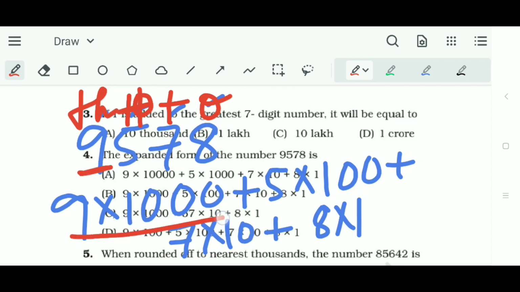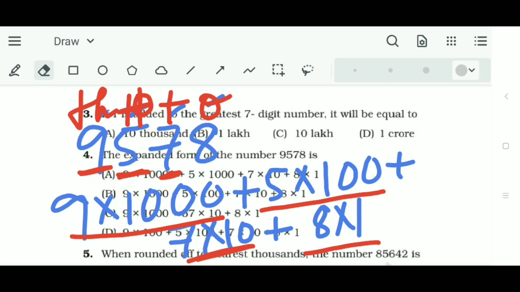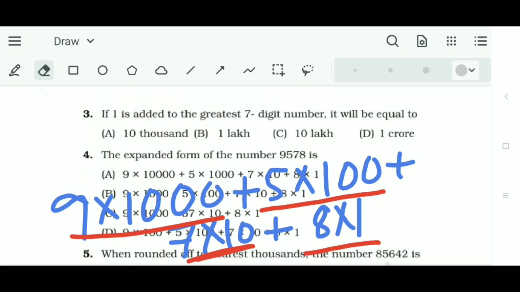So 9 will be multiplied by 1,000. Then 5 is placed in hundreds place. So 5 will be multiplied by 100. Then 7 is placed in tens place. So 7 will be multiplied by 10 and 8 will be multiplied by 1 for placing it at the ones place. Now let's check which option is correct.